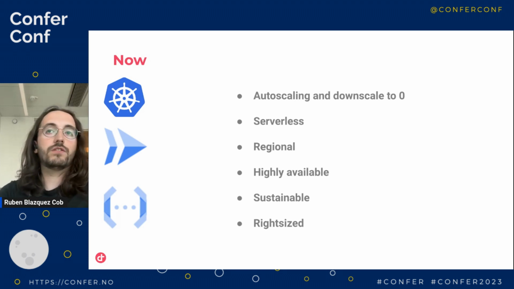So now, once you move into the cloud or even go to serverless, and start running your jobs in a more dynamic and scalable way, you start getting a lot of benefits. One of them is auto scaling, of course, and being able to downscale all the way down to zero.